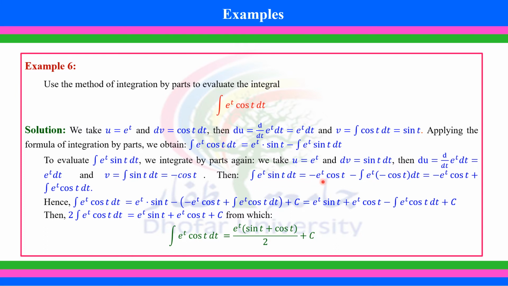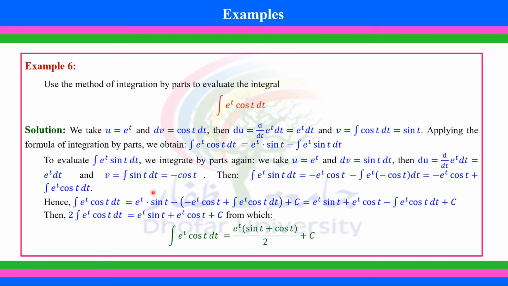So this integral equals uv, where u is e power t and v is minus cosine t, minus the integral of v du, where v is minus cosine t and du is e power t dt. When this negative is taken out, we have minus minus, which becomes plus. So this integral becomes minus exponential t cosine t plus the integral of exponential t cosine t dt.